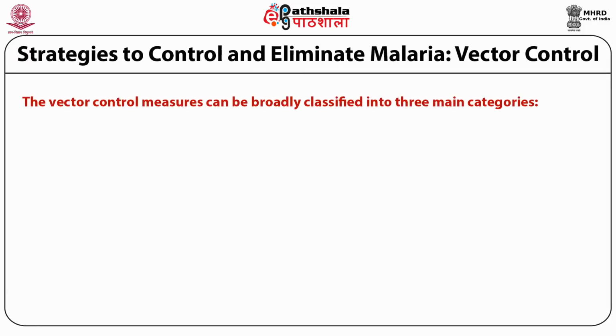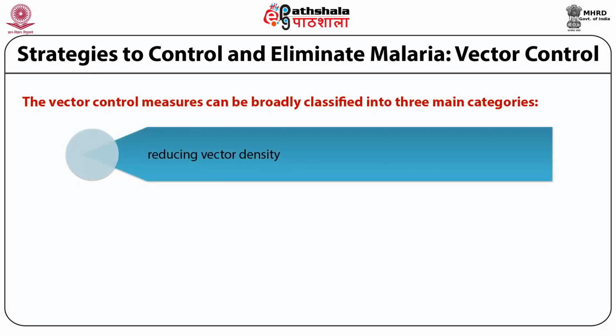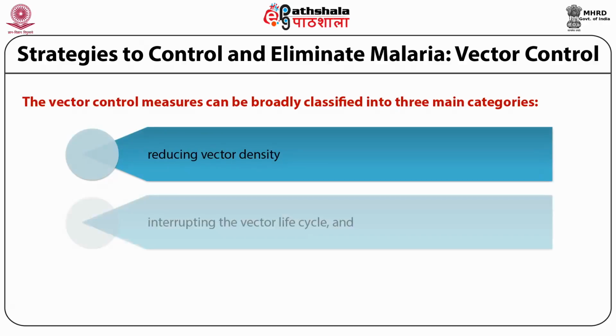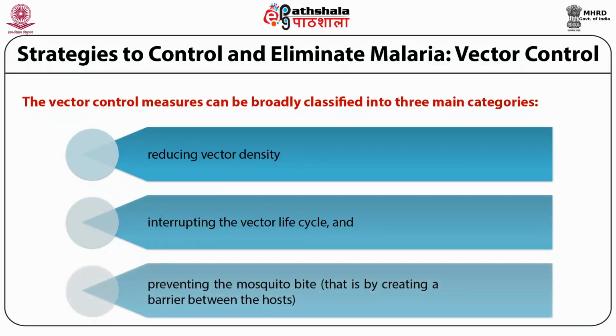The vector control strategies to control and eliminate the malaria vector can be broadly classified into three main categories. A. Reducing vector density. B. Interrupting the vector life cycle. C. Preventing the mosquito bite, that is by creating a barrier between the two hosts, the mosquito and the humans.